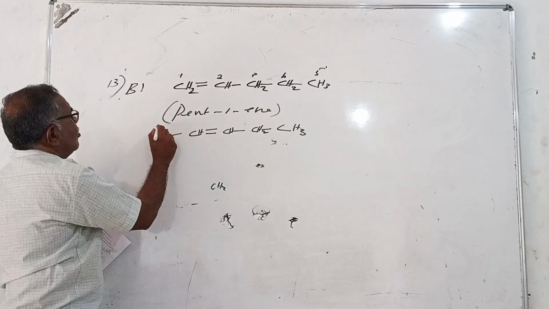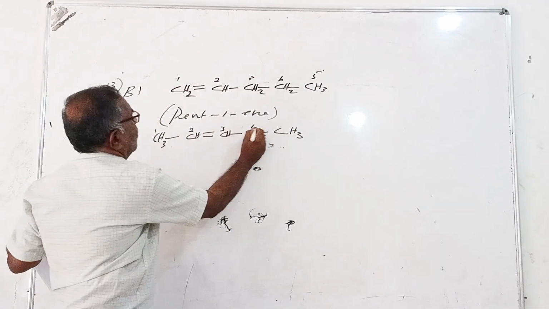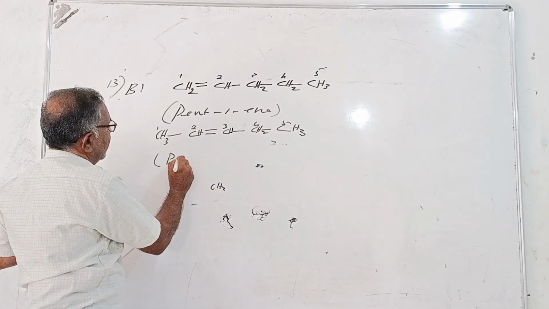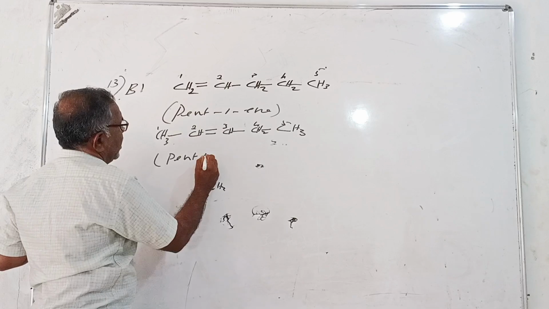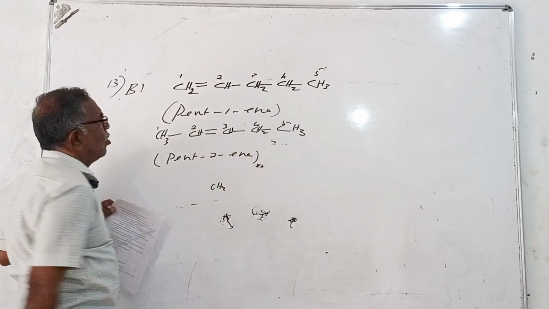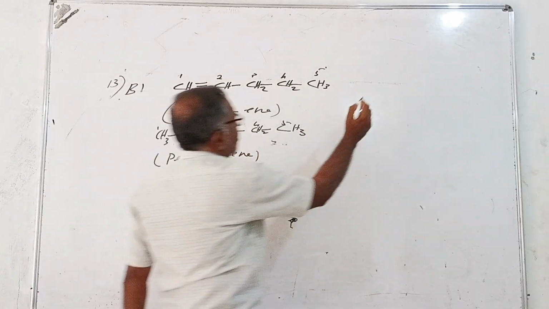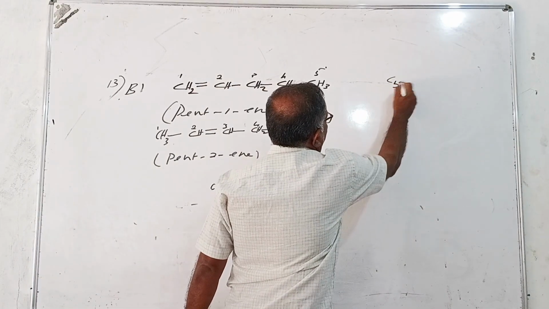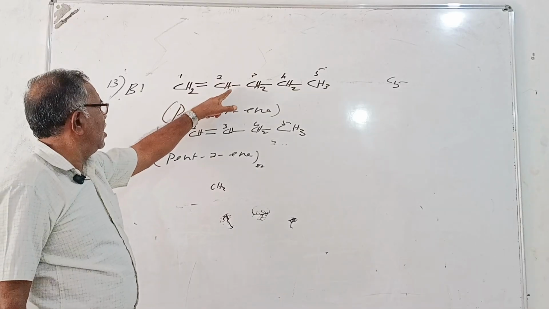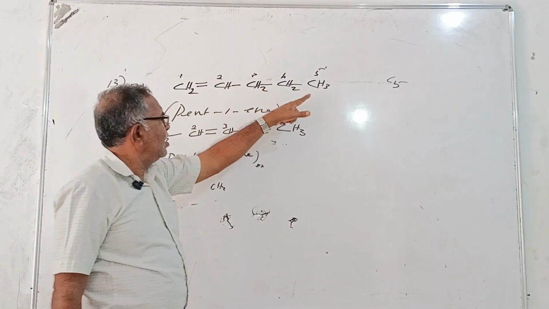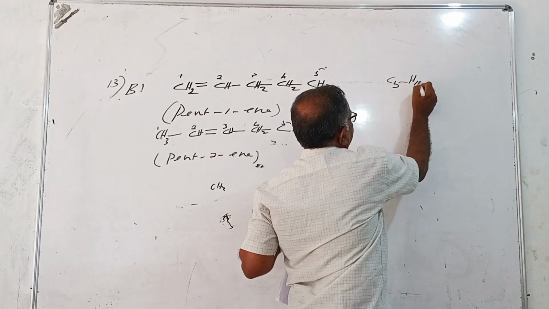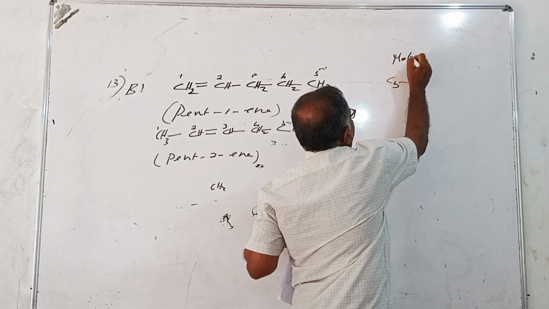So the name of this compound is pent-2-ene, with the double bond at the second carbon atom. Molecular formula: C5, hydrogen 2, 3, 5, 7, 10. So C5H10.